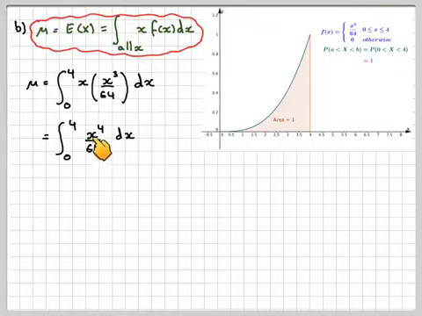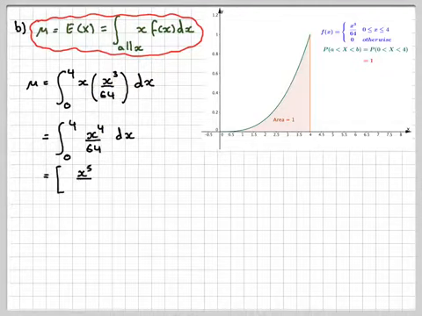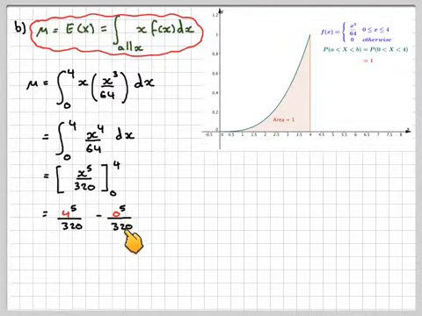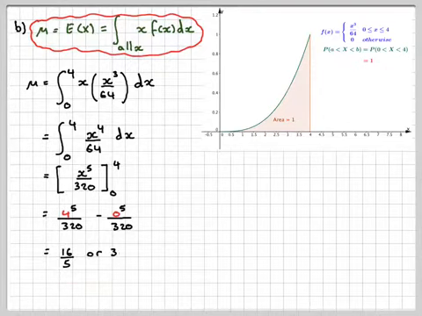So it's 0 to 4 of x to the 4 over 64, since x times x cubed gives you x to the 4. Integrating, you get x to the 5, and then 5 times 64 is 320, between 0 and 4. Putting in the limits, 4 to the 5 over 320 minus 0 to the 5 over 320, and that gives me 16 over 5, or 3.2.